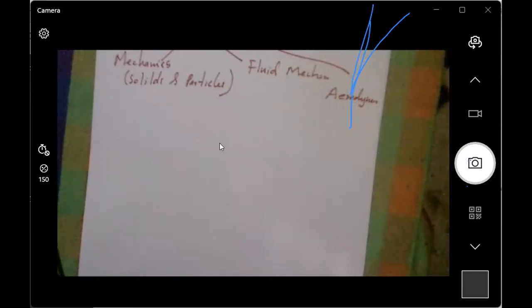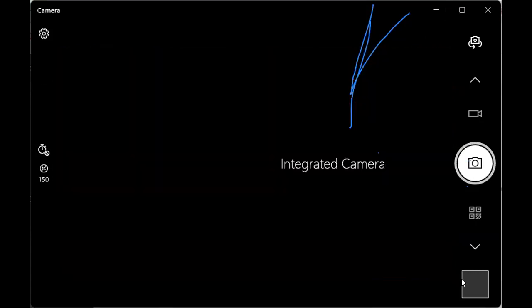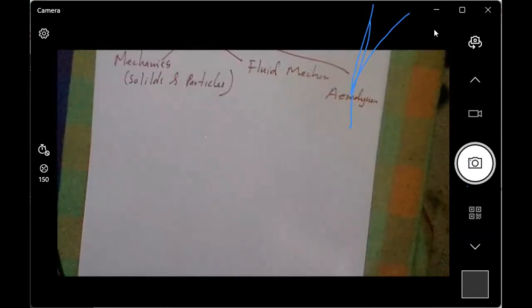Is there anything else you can think of? Nothing comes to mind? If you take a particle and a solid object moving in 3D space, we can ignore forces like air drag and other things.